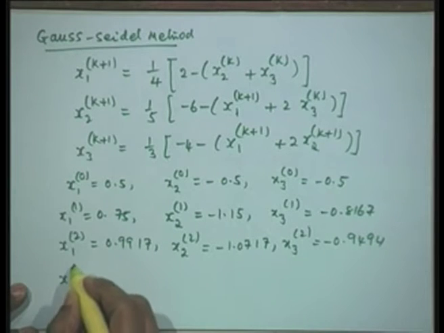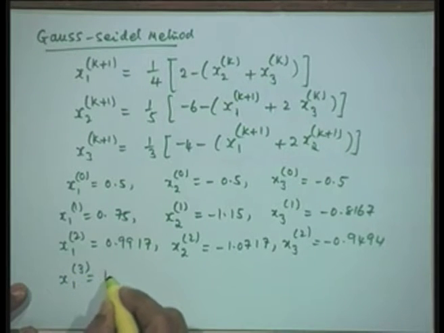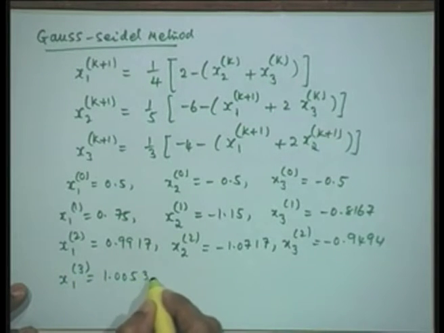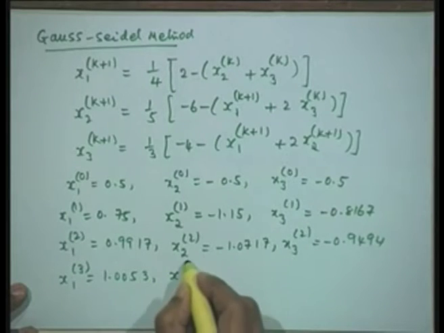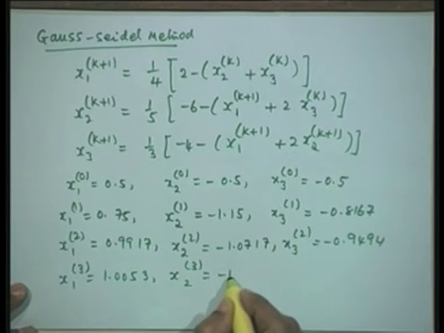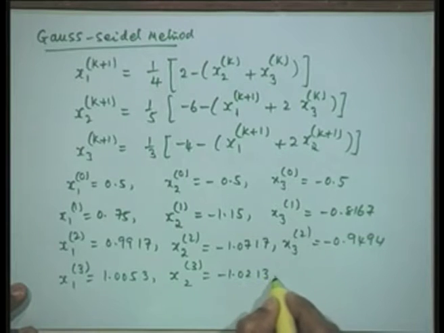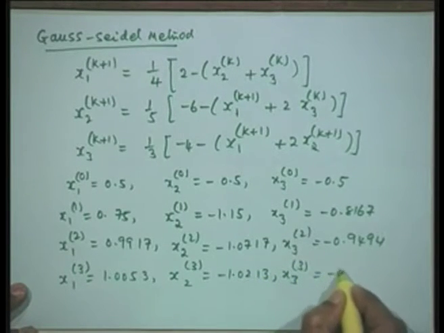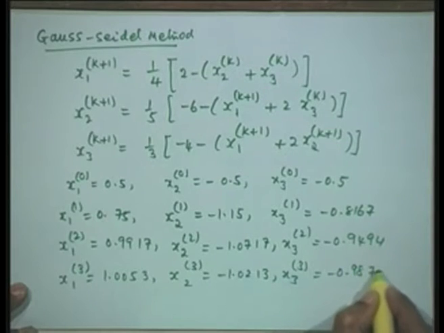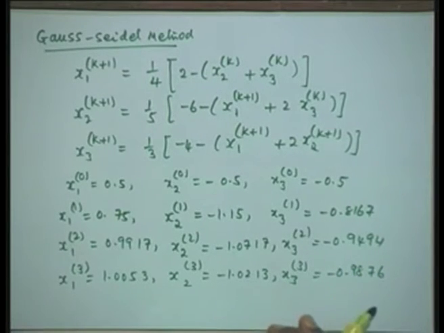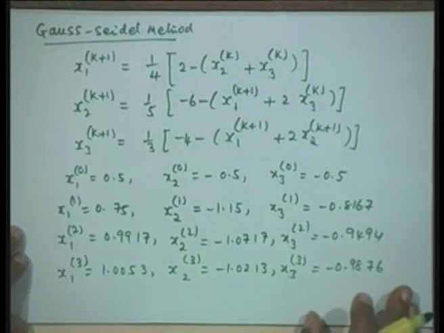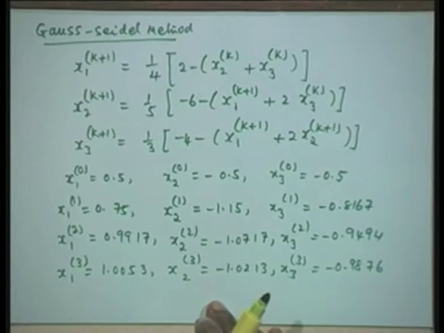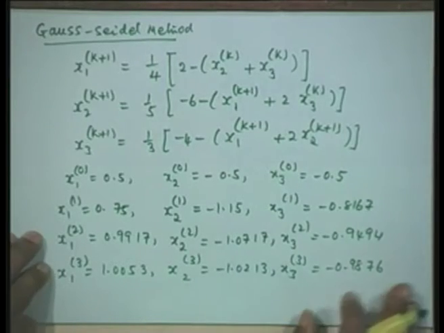The third iteration gives out these values: 1.0053, x 2 is minus 0.213, x 3 is minus 0.9876. Now, this is the solution value that we obtained after the third iteration.